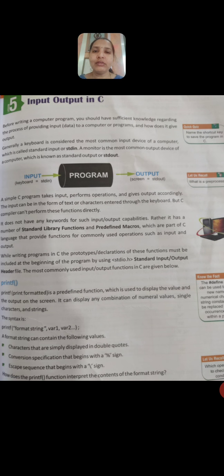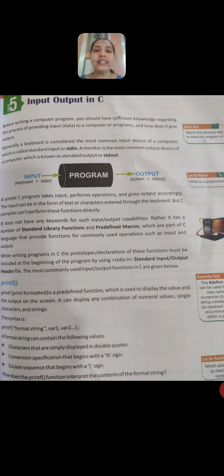Now in this class we will see the fifth chapter, that is input output in C. What do you mean by input? Input means whatever data we are giving to the computer, that we call an input. And what do you mean by output?